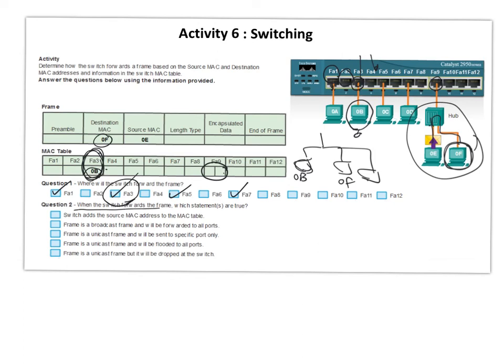The second question here: when the switch forwards the frame, which statements are true? The switch adds the source MAC address to the MAC table. Is that true or false? True, yes.